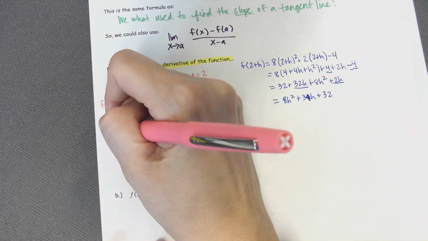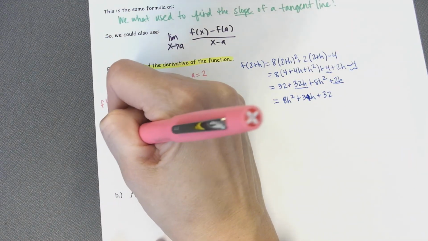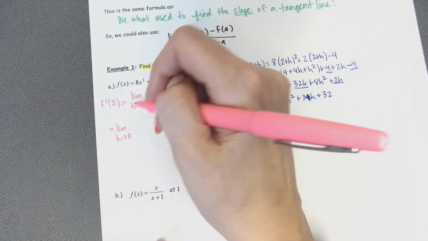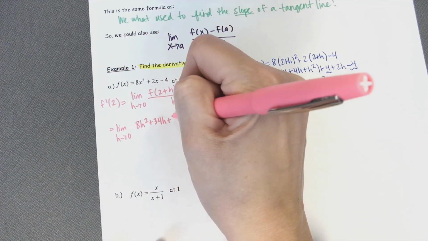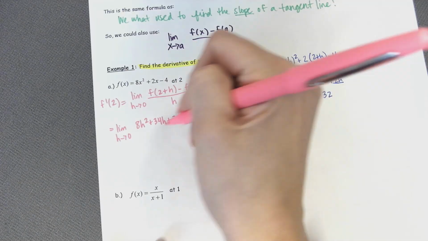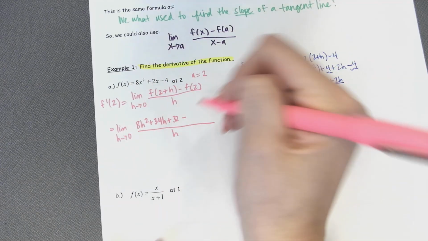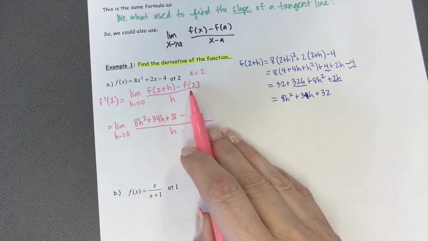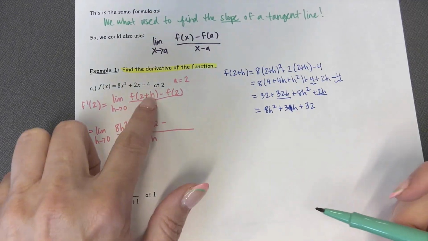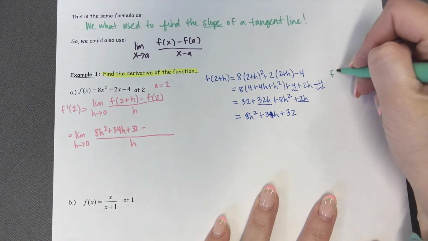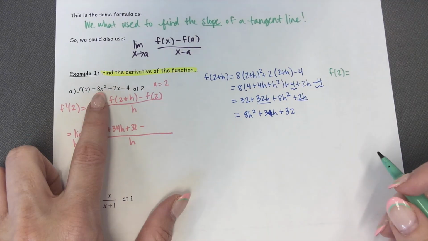So this is still the limit as h goes to 0 of 8h squared plus 34h plus 32 minus f of 2. Yesterday we were given the point, so we had the output. Today we just have to find it. To do f of 2, we're just going to plug that into our equation.